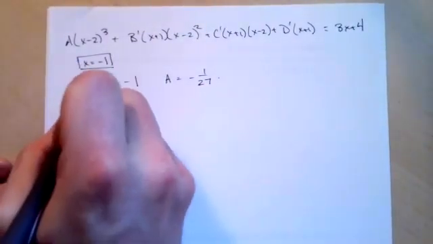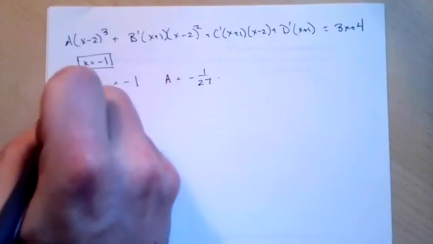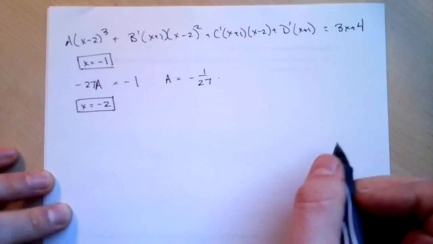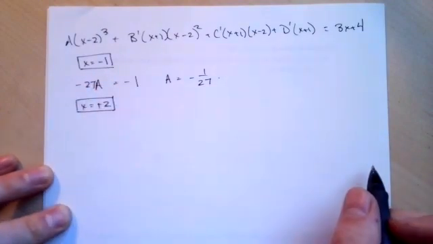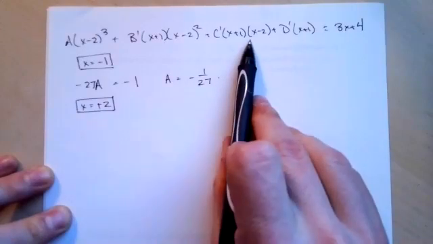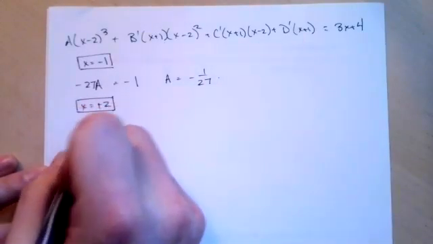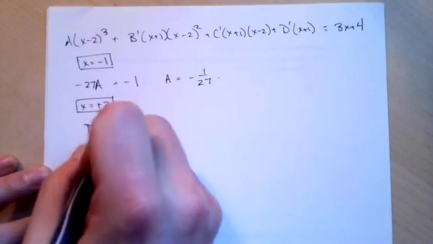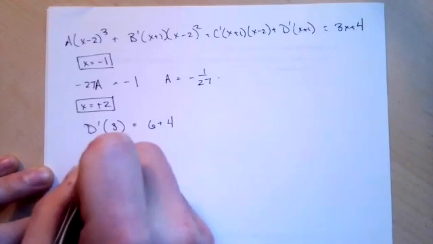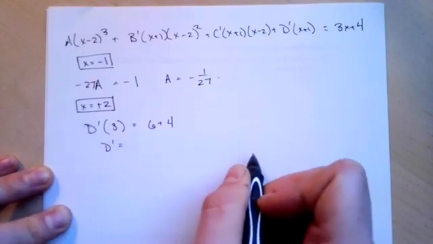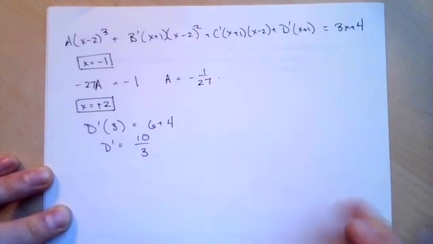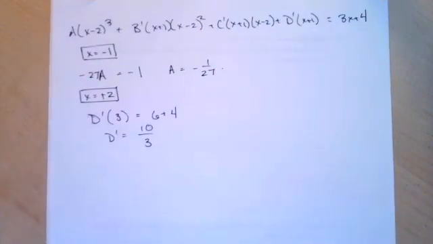And now when we choose x equal to positive 2, excuse me, it's going to kill A, B, C, and now we get D prime basically for free. So we got two of the constants for free.